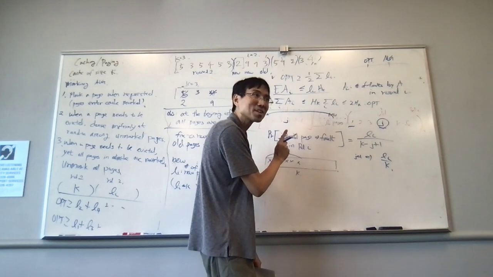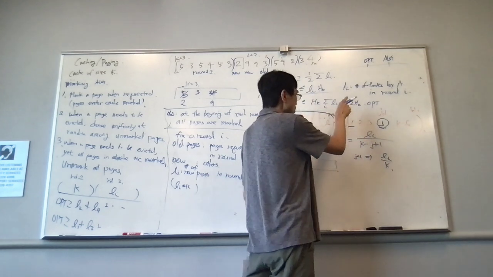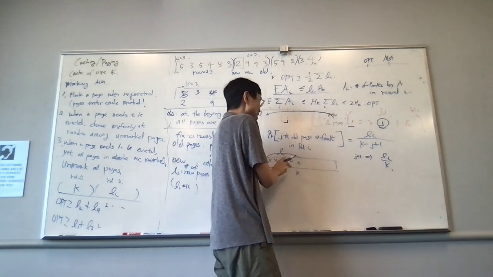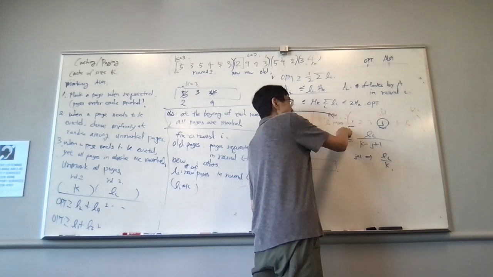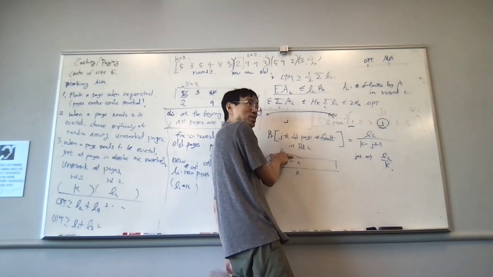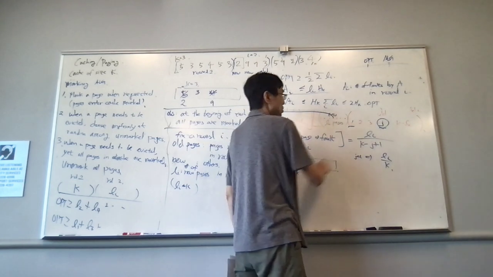Make sense? I want to talk about the first page. When the first page is requested, why is it not there? Because unfortunately page one was one of the Li pages evicted. So it's exactly Li over k.